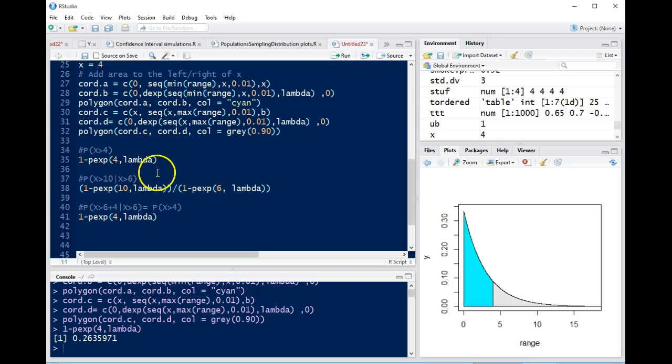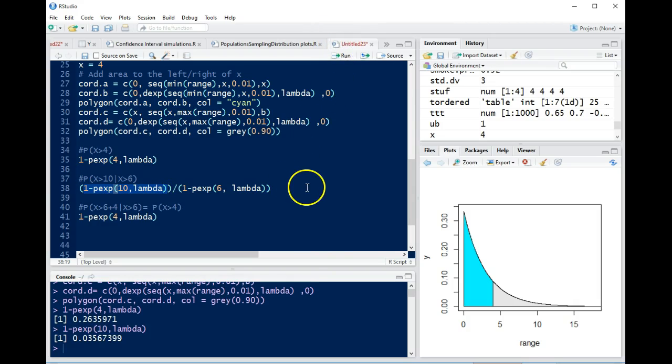So back in R, if we wanted to just use the definition of conditional probability, then we could use these commands to find it. That is the probability that x is greater than 10 seconds given it is greater than 6 seconds. So this is the probability that it's greater than 10 seconds, which is our numerator.